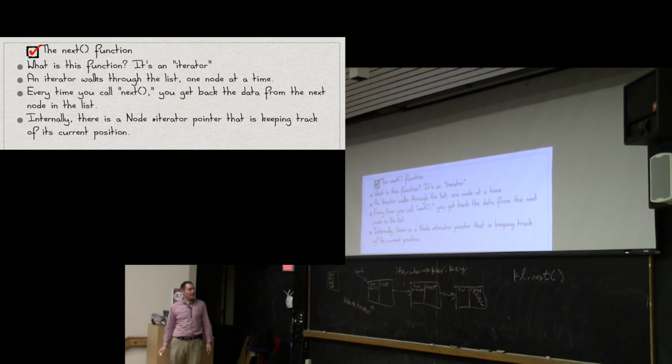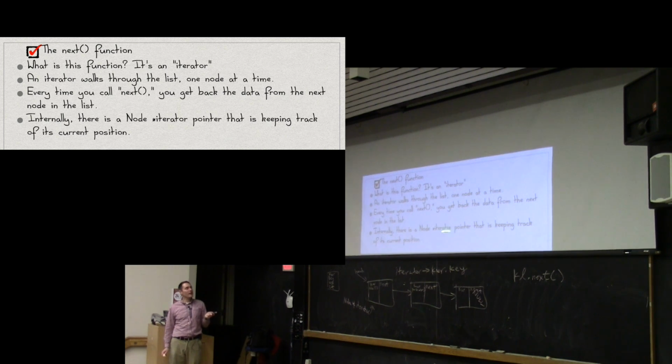That's what it means, okay? So it's going to be able to walk us through the list one by one and give us back the information we're looking for. It's traversing the list, but doing it every time we ask for it. Every time you call next, you get back data from the next node in the list.